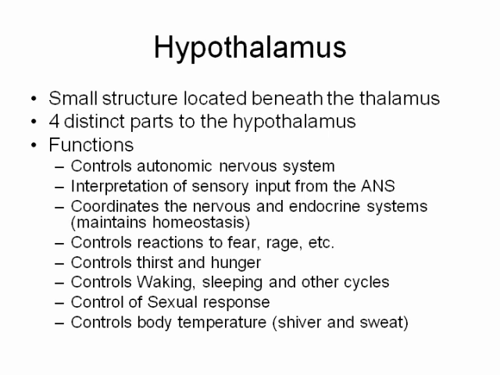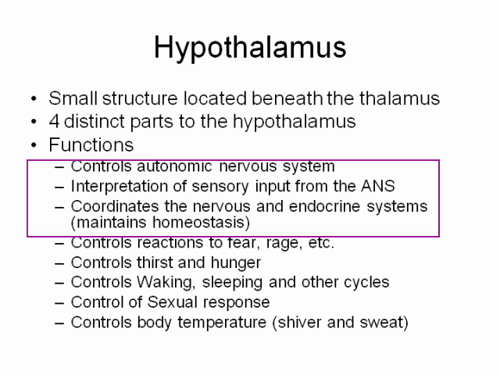Just look at the first three. If you want to know what key functions within the body are, those first three bullets: control over the autonomic nervous system, control over communication between the endocrine system and the nervous system, and how we interpret signals being collected by the autonomic nervous system. You've got T-Rex coming down Main Street, Toms River, and he's coming after you because he wants your Primo's hoagie.